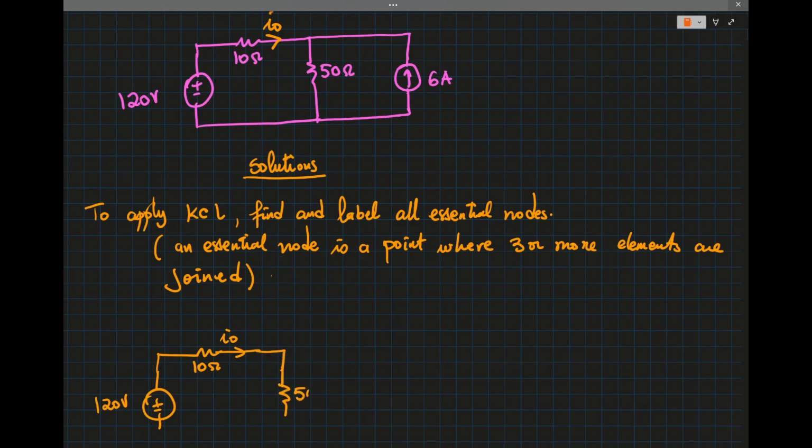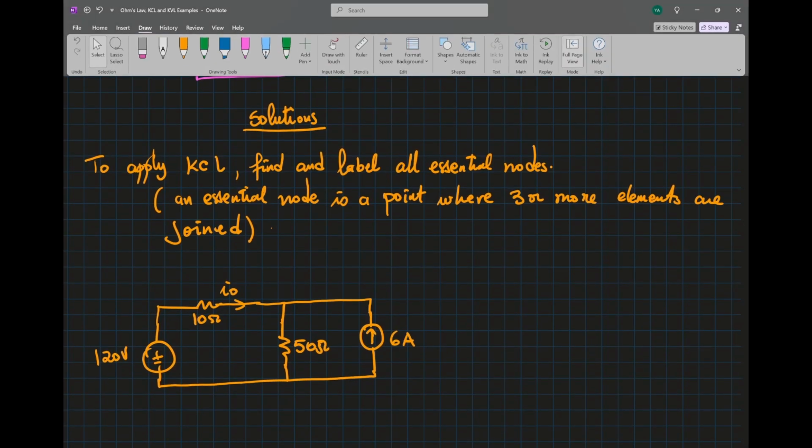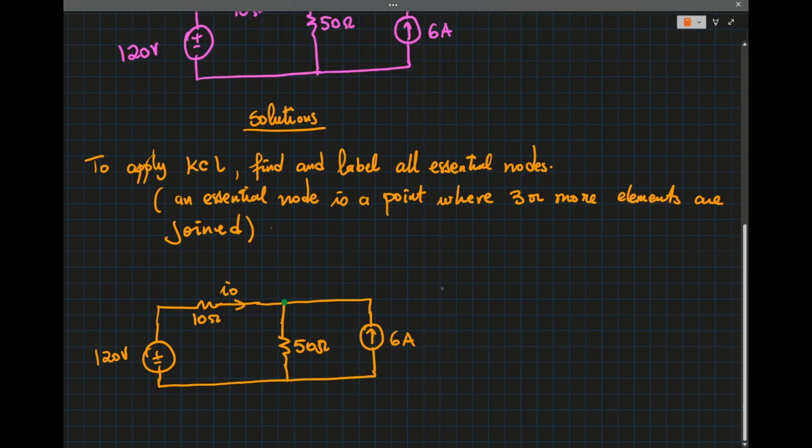We have the 50 ohms, and then the 6 amps current source. Now, how many essential nodes do we have here? We have 2 essential nodes. We call this A, and I call this G.